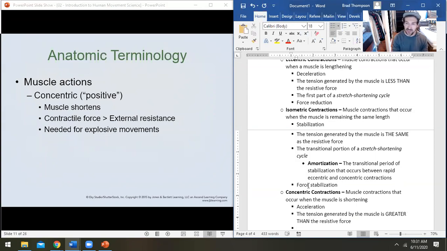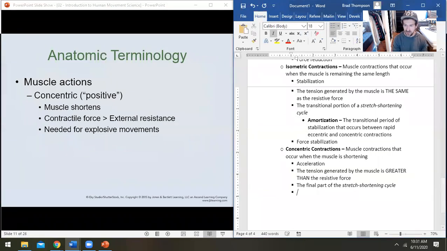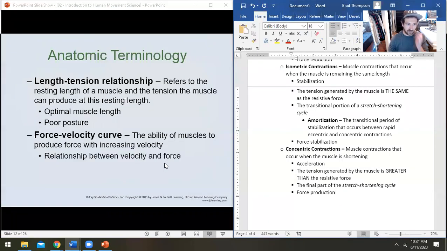Or you can think of it as the final part of the stretch shortening cycle. This is where the actual exploding happens when you are trying to be explosive. This is force production. So really important stuff there when it comes to our types of contractions.